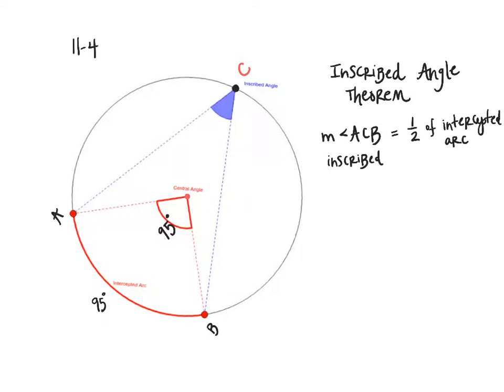So in this case, the measure of angle ACB is 1/2 the measure of arc AB. If we know that the measure of arc AB is 95 degrees, then the measure of angle ACB is going to be half of that, which would be 47.5 degrees.